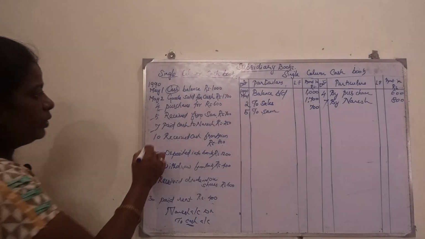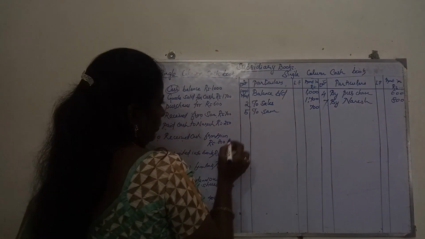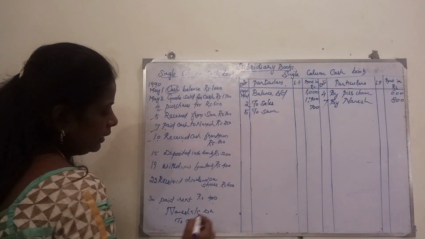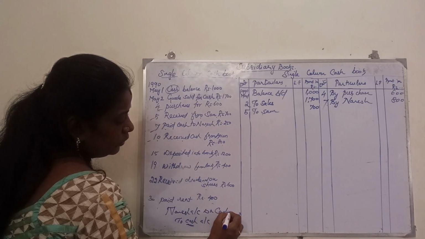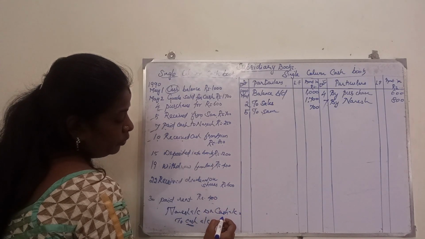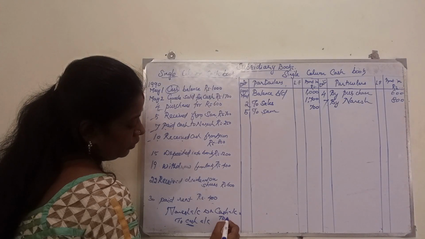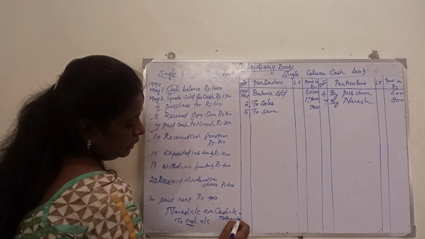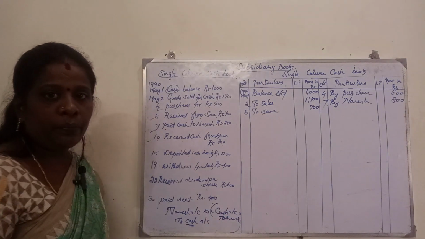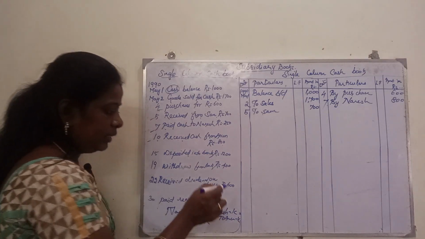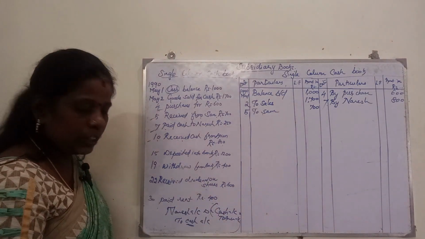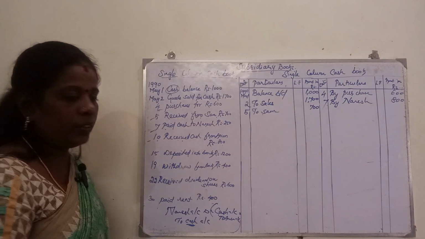Okay, next on 10, received cash from Arun. So what is the journal entry? Cash received, cash account debit, to Arun. This is the journal entry. When cash is received, cash debit. When cash is paid, cash credit.